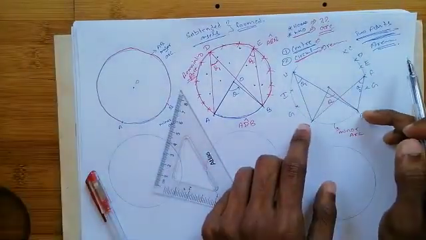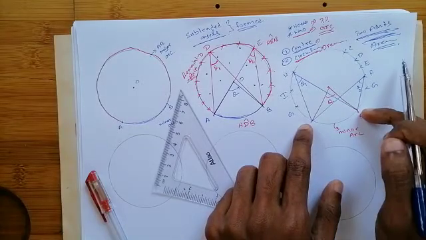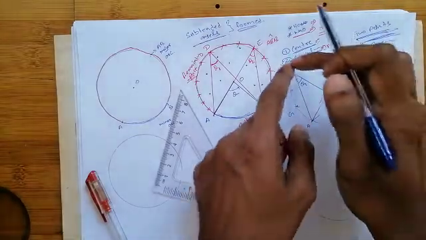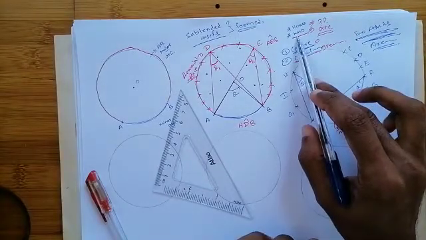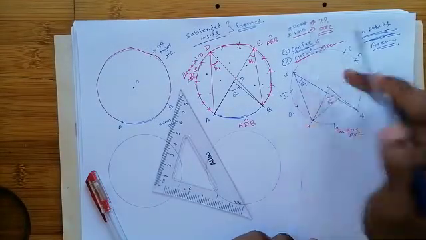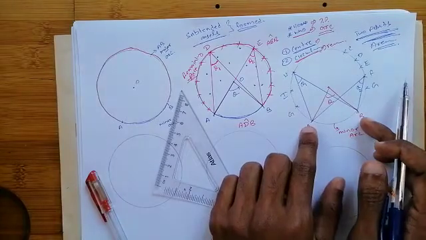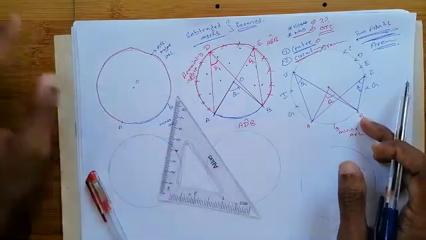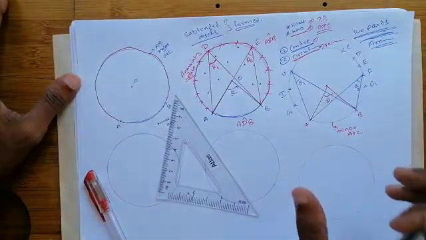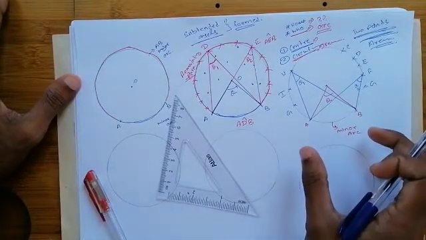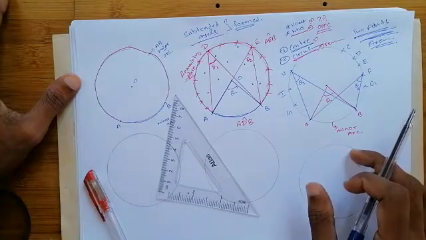So how is the angle formed? We connect the ending portions of the arc to the particular point. Who is creating the angle? The arc is creating the angle. If you find the arc correctly, you can get the angle.